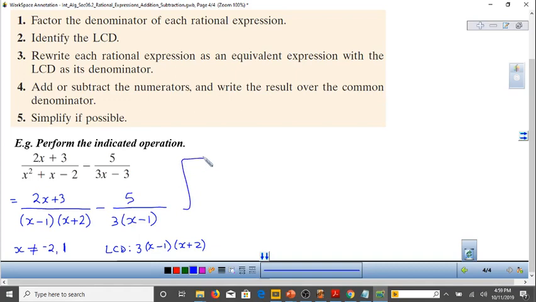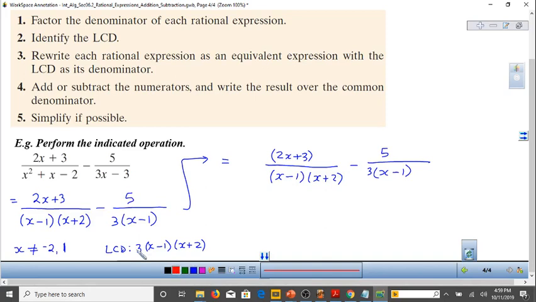What I'm going to do next is rewrite the expression again, but now I'm going to make some modifications. I'm writing out the factored form of my expression. Then this denominator is not the same as the LCD.